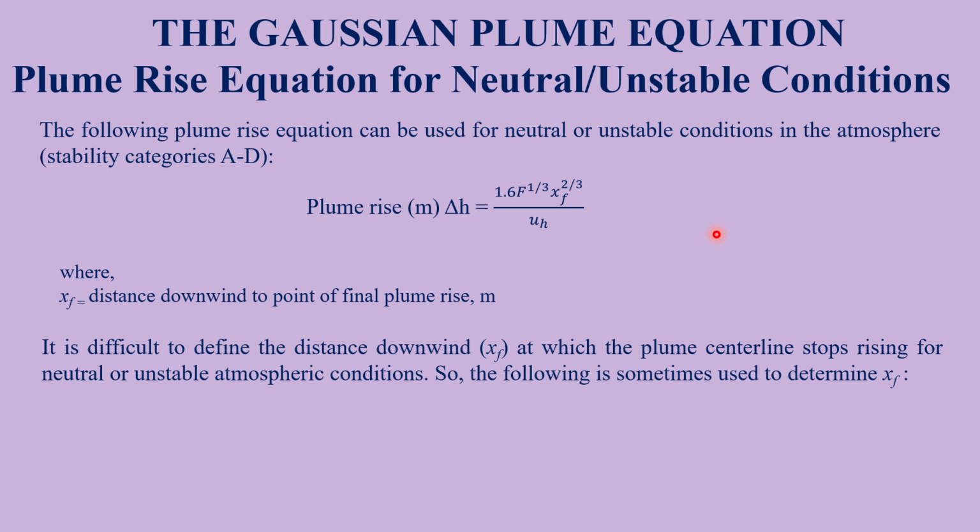So the following assumption is used to determine this XF. It depends on F: when buoyancy flux F is 55 m to the power 4 by s to the power 3, when F is greater than or equal to 55, then we use this formula, 120 into the value of F to the power 0.4, and if it is less than that, then we use this formula.